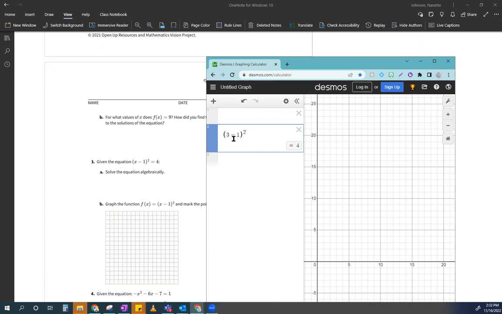Now, remember, there's another number that you could also square and it would also be 4. What number could that be? Yeah, very good.